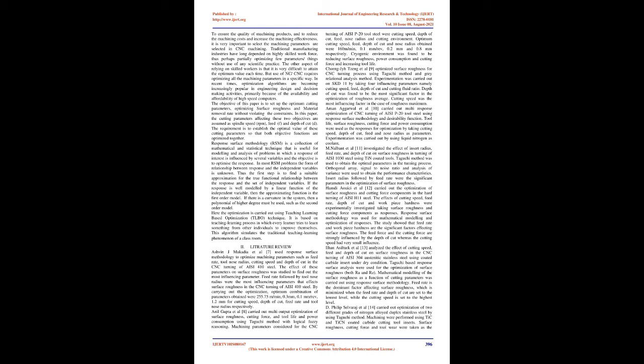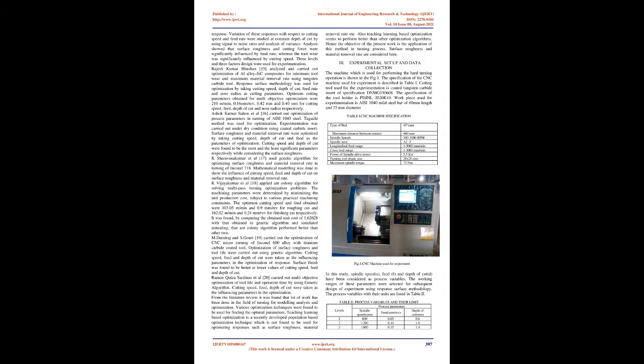Literature review. Ashvin J. Makadiya et al. [7] used response surface methodology to optimize machining parameters such as feed rate, tool nose radius, cutting speed, and depth of cut in the CNC turning of AISI 410 steel. The effect of these parameters on surface roughness was studied to find out the most influencing parameter.